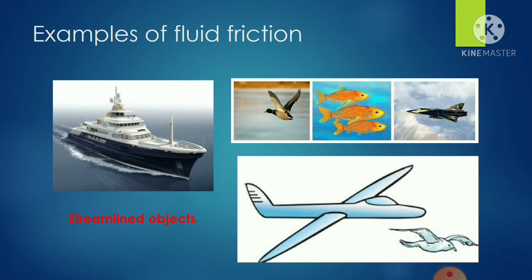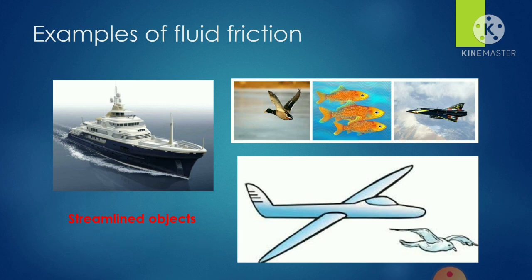Streamlined body means narrow from front and back. The same structure we have made in aeroplanes too. Why have we made this streamlined structure? So that the fluid friction becomes less.